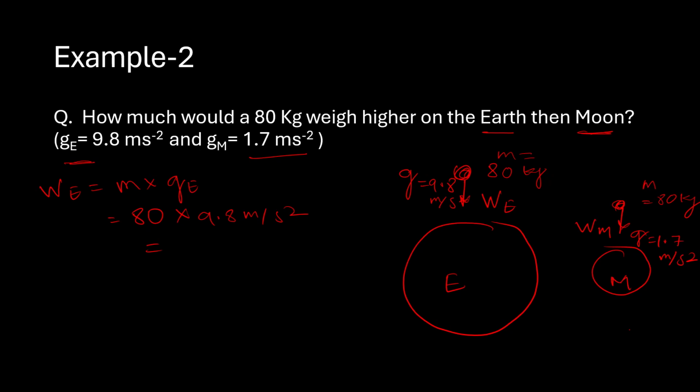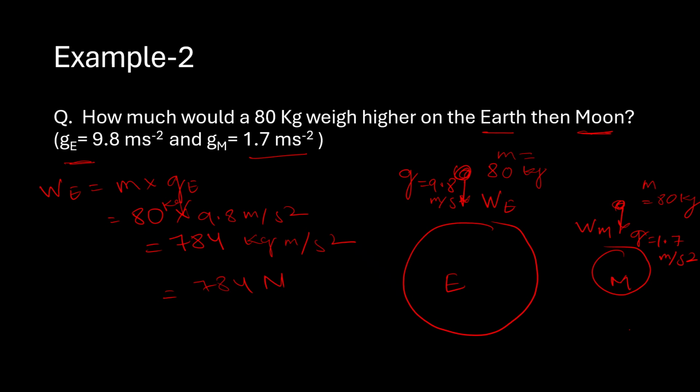So 80 into 9.8 is 784 kg meter per second square, and so it is 784 Newton. We can directly write 80 into 9.8 Newton instead of putting kg meter per second square, right? We know that it will come as kg meter per second square, so we can directly write Newton.